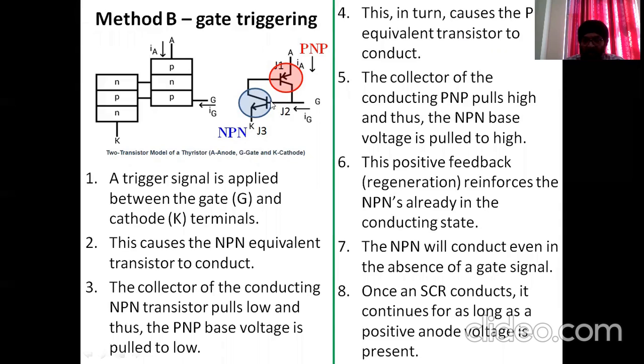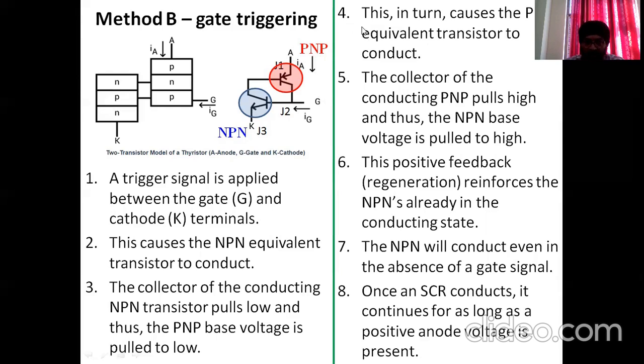This collector turns on this device and this collector turns on this device, and this two transistor connection will keep on flowing the current in a loop forever. So if we remove this gate signal now, still this current will continue to flow in the loop. If we remove this anode terminal now, then only the current in these transistors will stop.